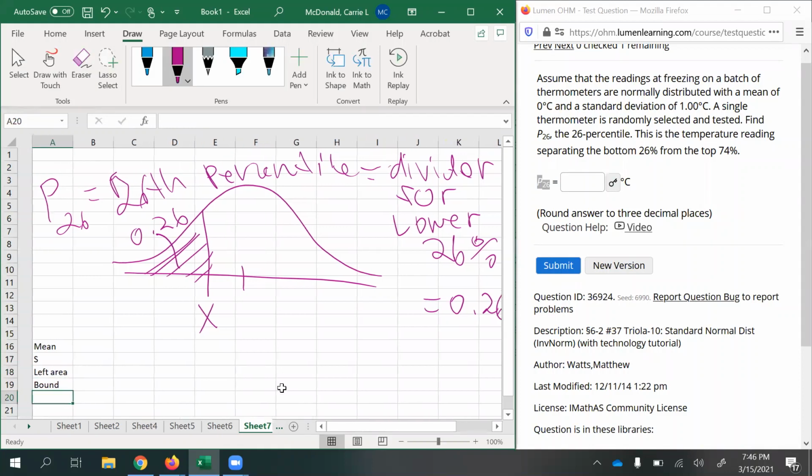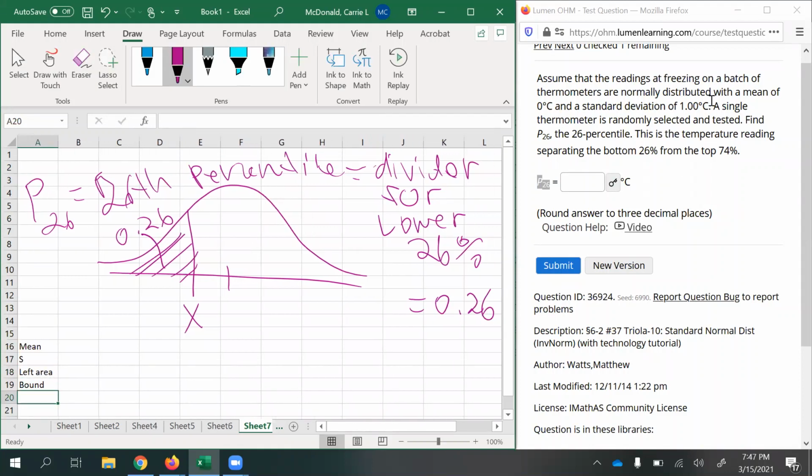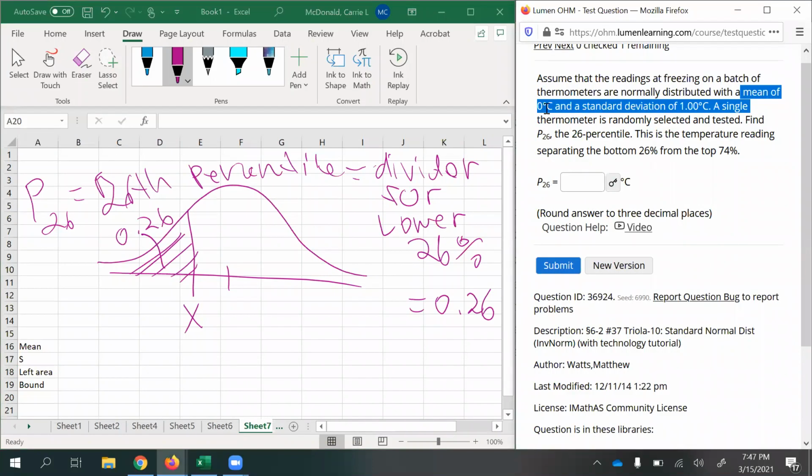Okay, so the mean, it says here that there is a mean of 0 and a standard deviation of 1. So this is standard normal. So we will be using z-scores again. You could do this one with a z-score table if you wanted to. The left area is 0.26.